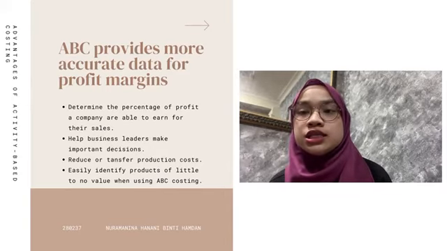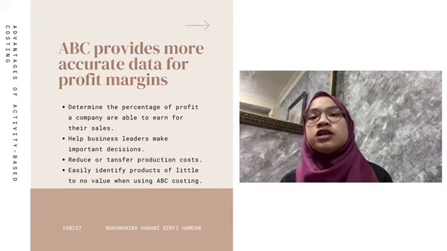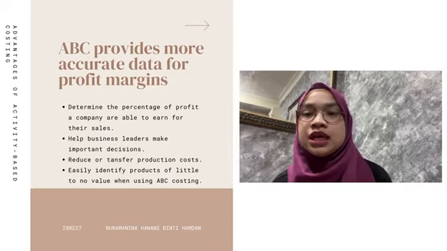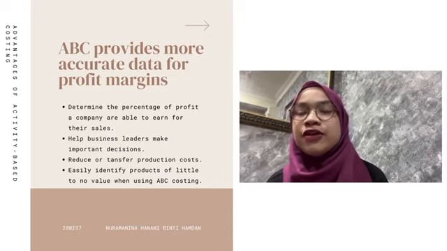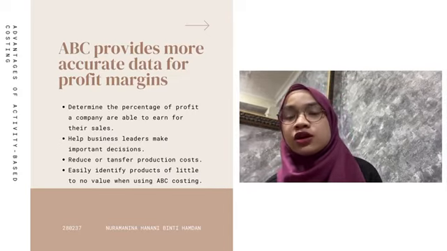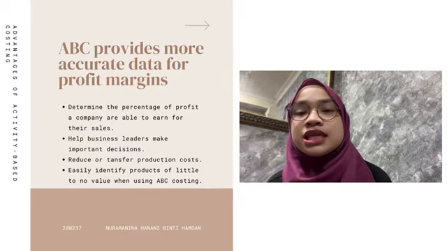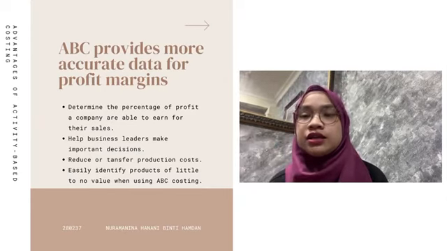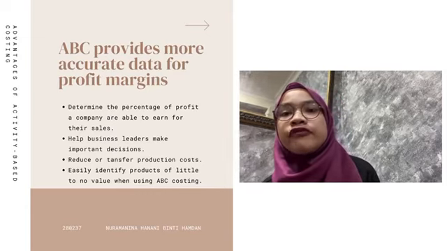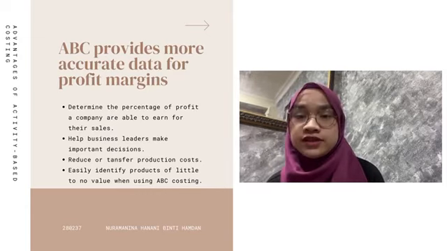In other words, if you look at the first point on the slide, profit margins give information to businesses or companies on the percentage of profit that they are able to earn for each dollar of sales of their particular products or services.